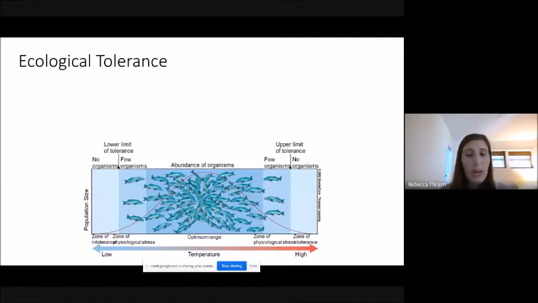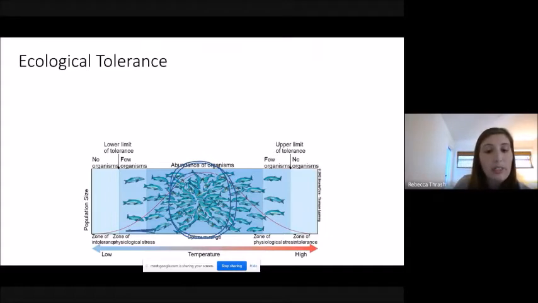So in this example, we have temperature of the water, and these fish prefer to be in this general temperature zone. That doesn't mean that they can't exist in the extremes, but that tends to increase the physiological stress on the animal. So they don't stay there, or they can't stay there for very long.